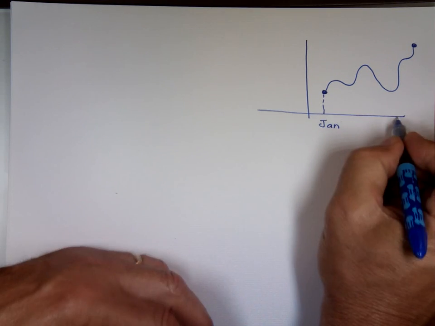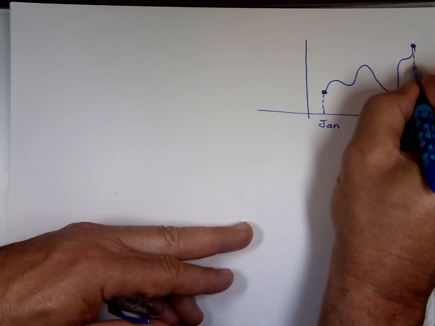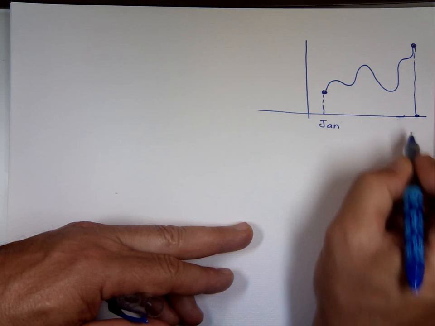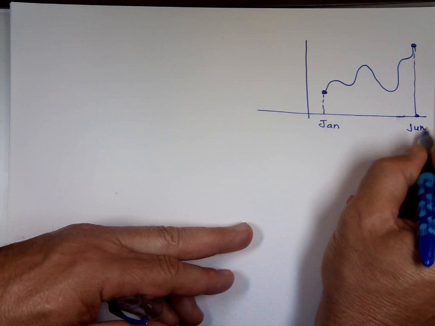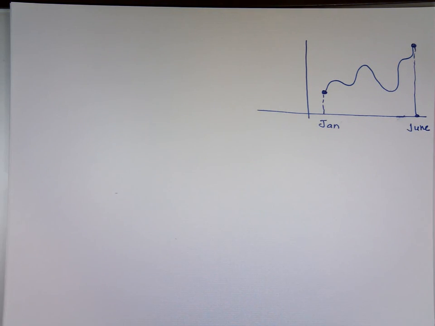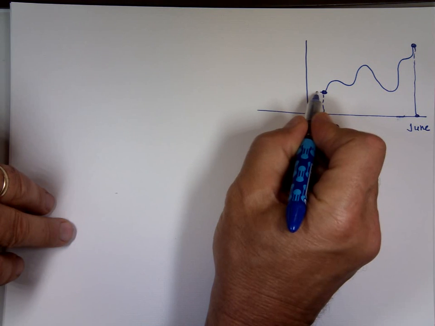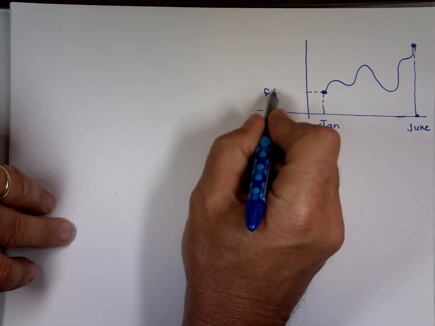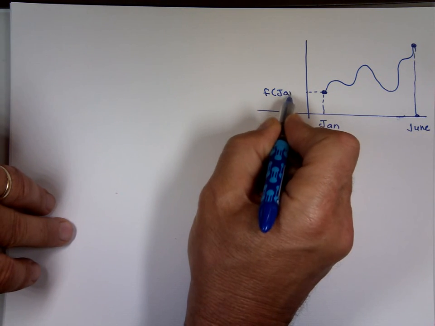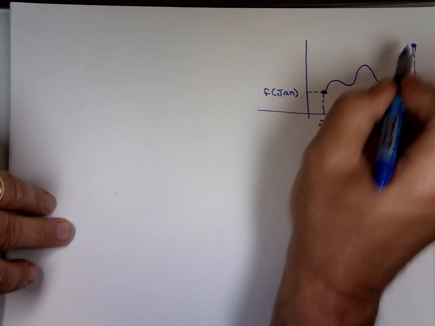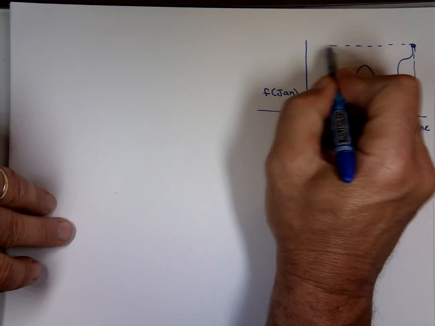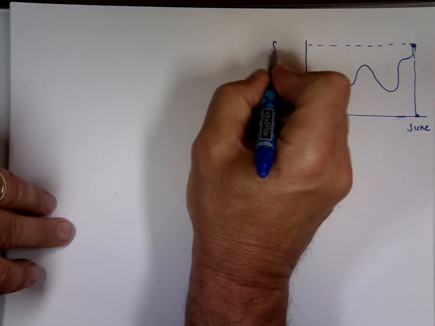And this is, we are in June now. This is the Y value, the Y value in January, what the stock was worth. And this is what the stock is worth in June, money-wise. I could have used numbers here.